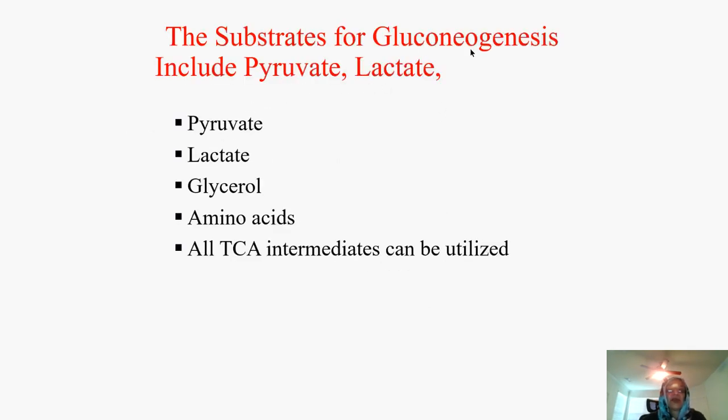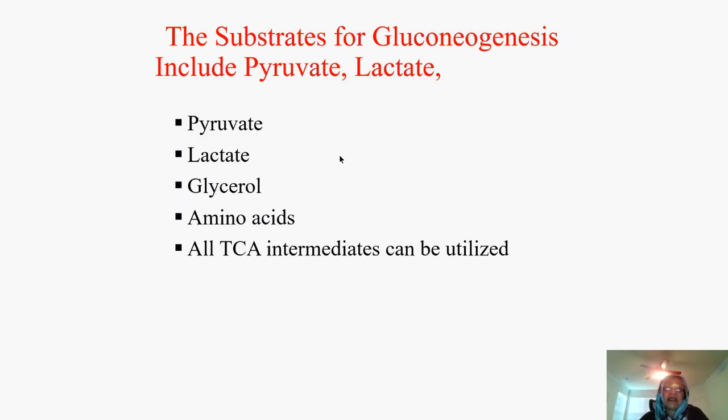Okay, so when we define gluconeogenesis, we said it is synthesis of glucose from non-carbohydrates. So non-carbohydrates are going to be our precursors. How can I make glucose inside my cell without having carbohydrates? This is very straightforward.